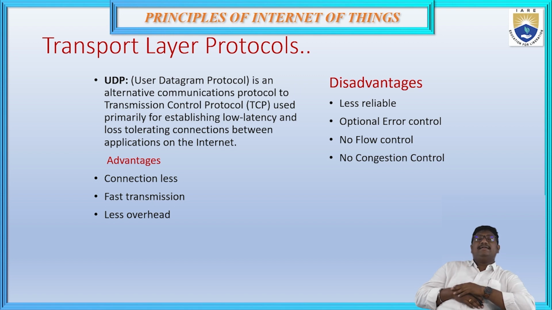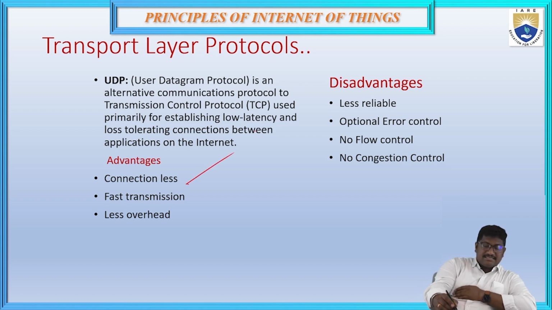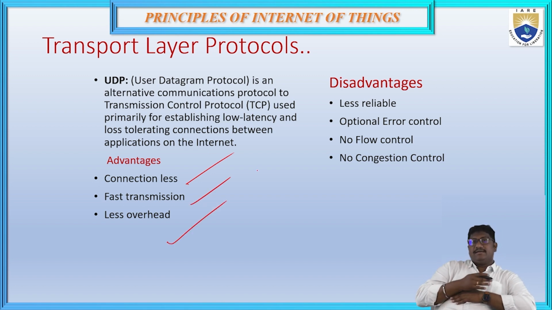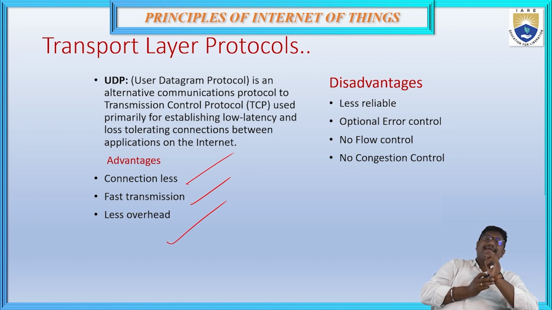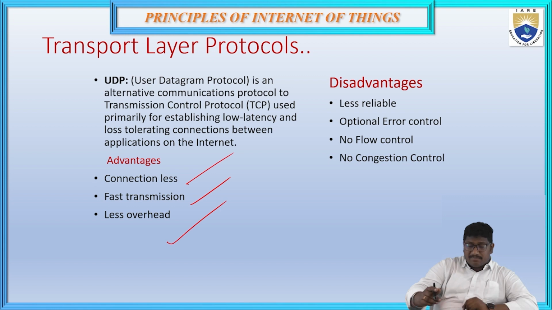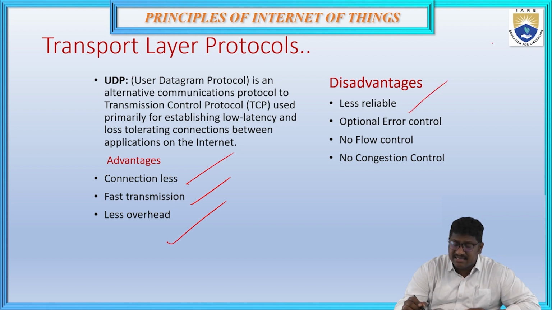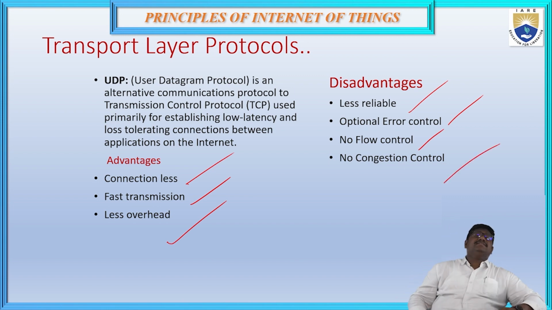It is a connectionless protocol and transfers data with fast transmission, and there is no heavy overhead, only less overhead. Why? Because we are not getting any acknowledgements, and we are not maintaining error control or flow control. For that reason there are disadvantages such as less reliable operation, error flow, no flow control, and no congestion control.